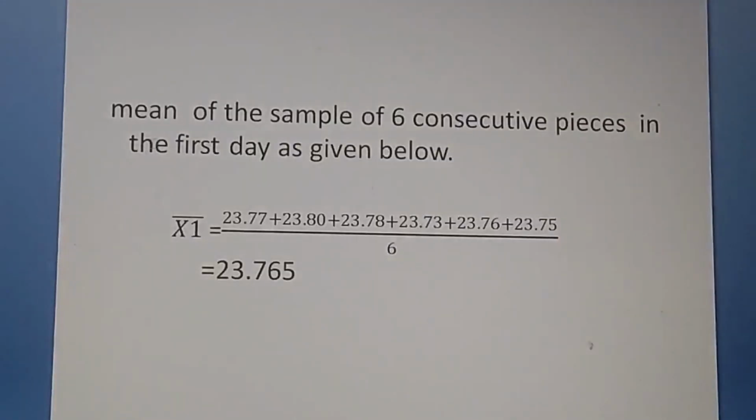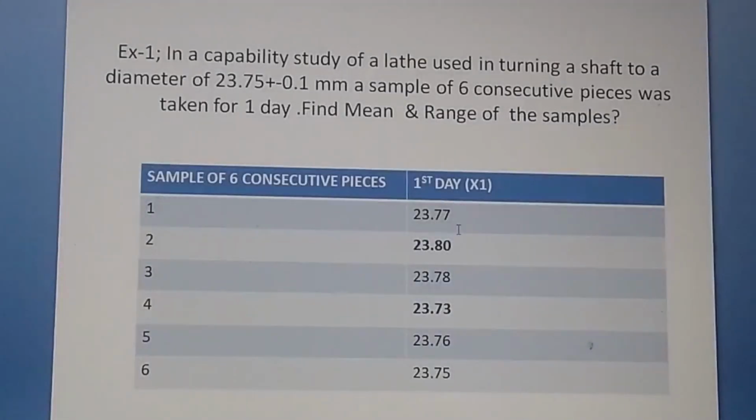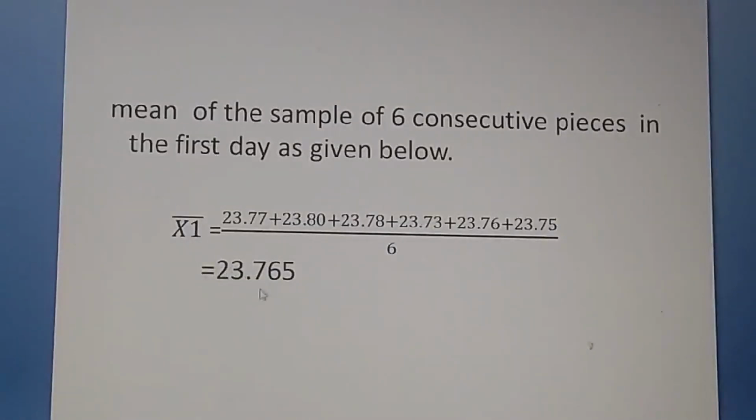The mean of the first sample of 6 consecutive pieces is found by adding them and dividing by 6: 23.77 plus 23.80 plus 23.78 up to 23.75, divided by 6. We get the value of 23.765 mm. So this is the mean value.